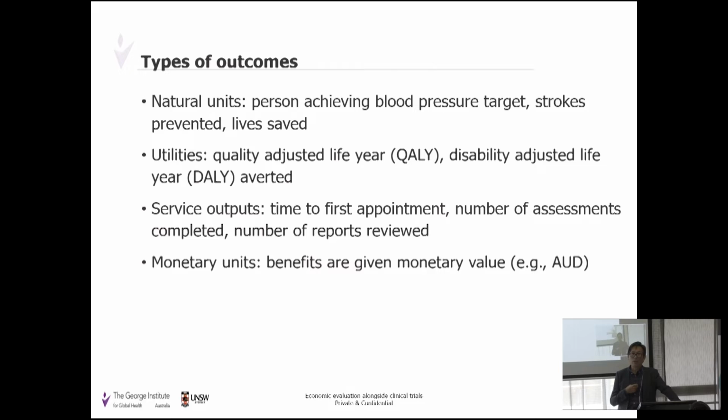I do a lot of trials in cardiovascular disease, particularly prevention, and the endpoints of those trials tend to be reductions in risk of disease. So things like reduction in blood pressure, lipids, behavioural change. In those studies, we also measure quality of life. And it's almost unnecessary to measure quality of life because for preventative trials, at the end of the study, you're going to have a very small number of people who actually experience an event.